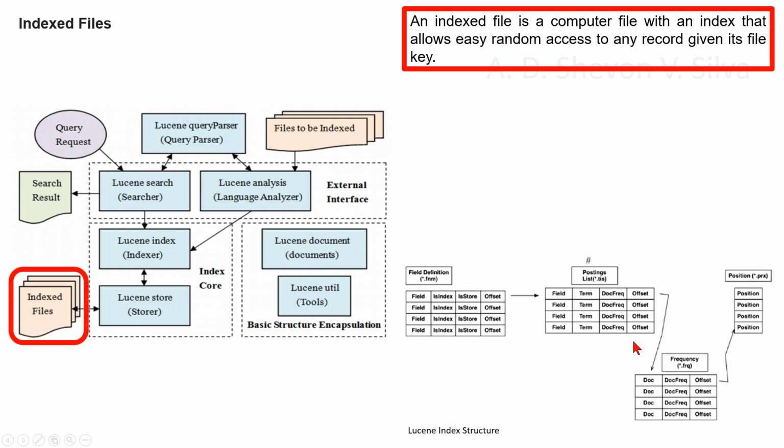The term infos index file, the TII, holds metadata to allow random access to the term infos file. The frequencies file, with extension .frq, maps documents to a term.